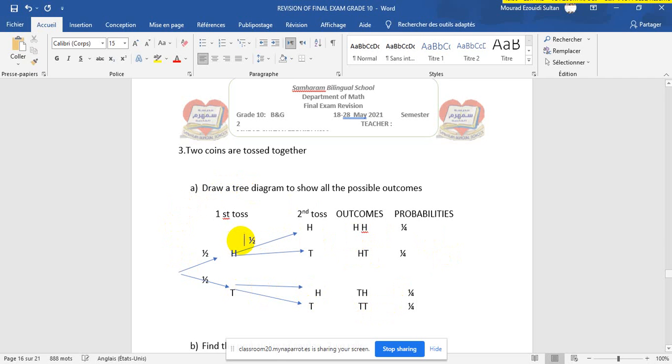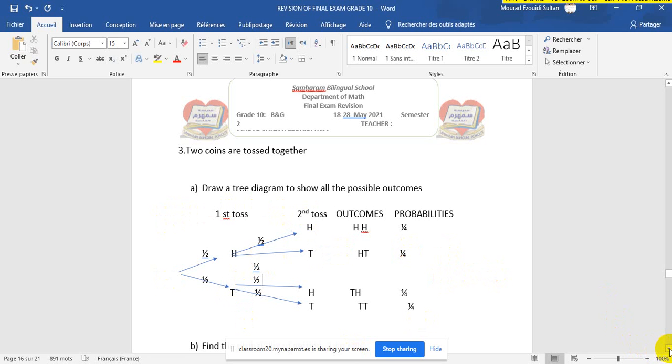This is 1/2, this is also 1/2, this is also 1/2, and this is also 1/2. I thought the question was very clear. So in the exam, just make it like that, do not change it.